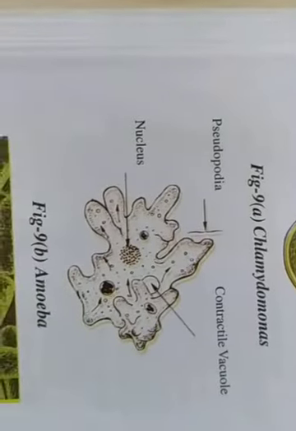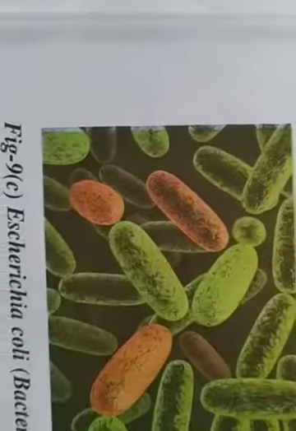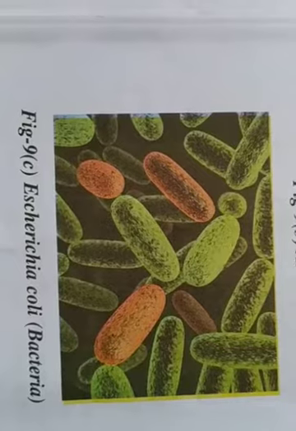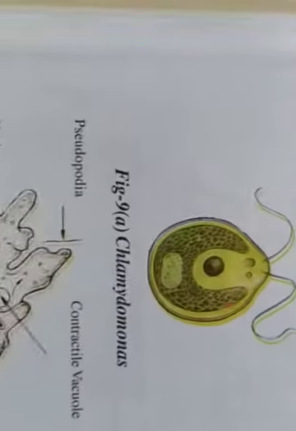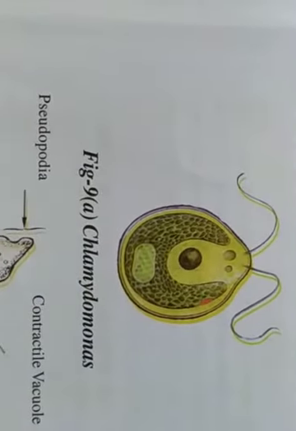These are all unicellular organisms. I'll show you. Okay, right? Now this is the amoeba, unicellular, which is made up of one single cell. This is the structure of the bacteria, which is also made up of one single cell. And here, this is chlamydomonas, which is also made up of one single cell. These all come under unicellular organisms.